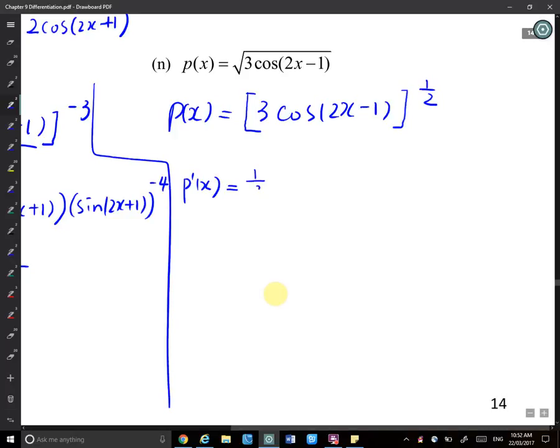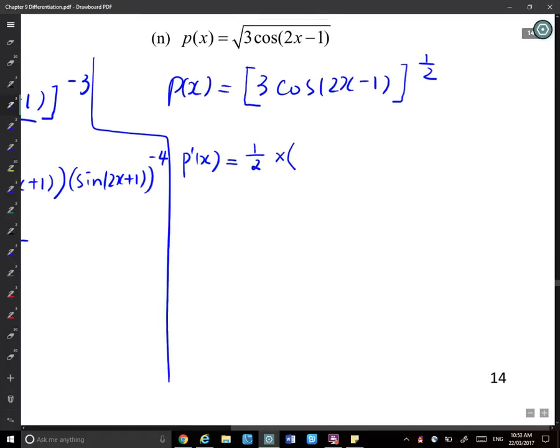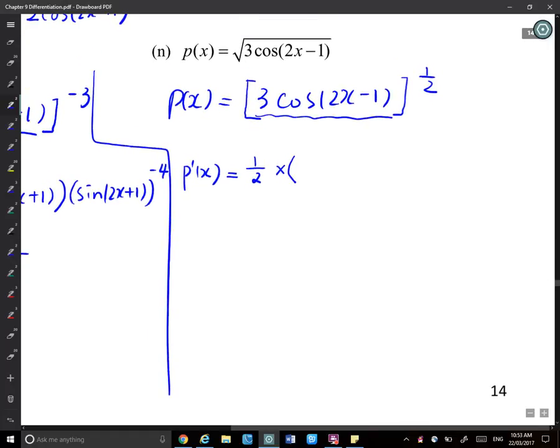So first thing is a half, it's the power of a half, times the derivative of the inside. What's the derivative inside? Derive that, the 3 is still there. You derive the bracket, it's 2, times 2, and cosine will become negative sine. So you have negative sine 2x minus 1, that's g dash x.